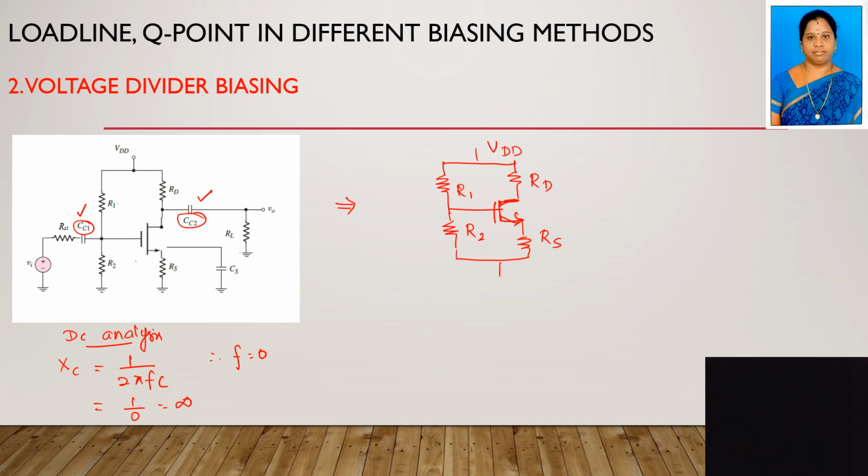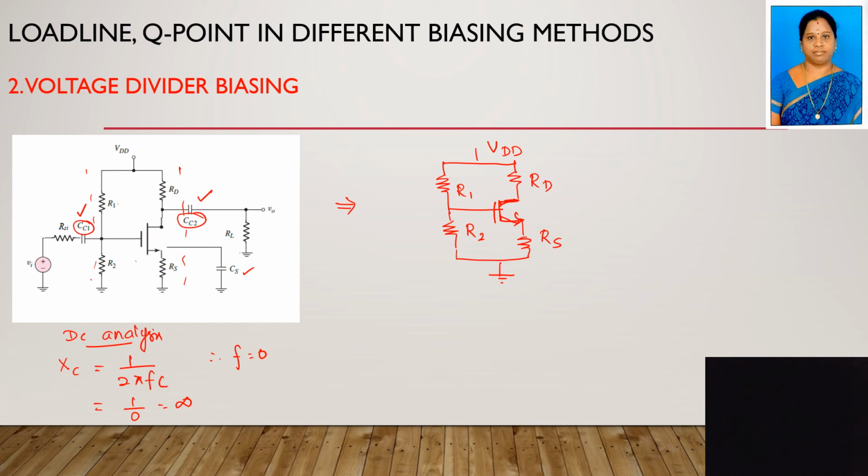Okay, so here we have ground. All the grounds are connected together. So after open circuiting the coupling capacitors, you have only this circuit, right? Only this circuit. And here also we have to open circuit the source capacitor. So you have only this RS.